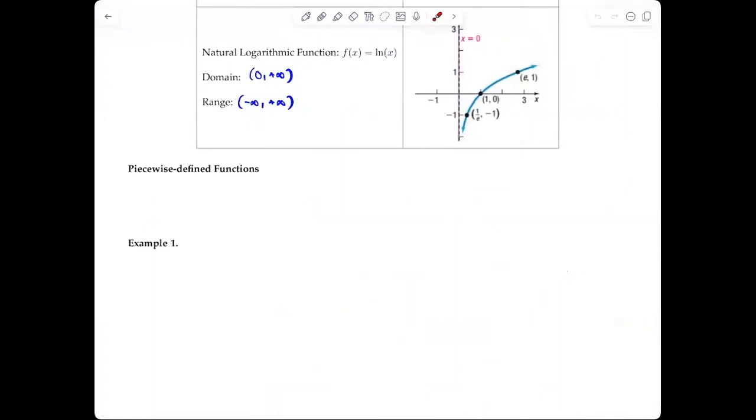So, piecewise defined functions. Give me 1 second here.